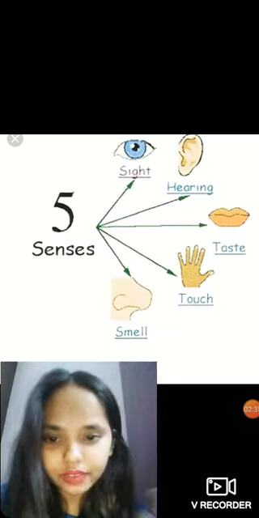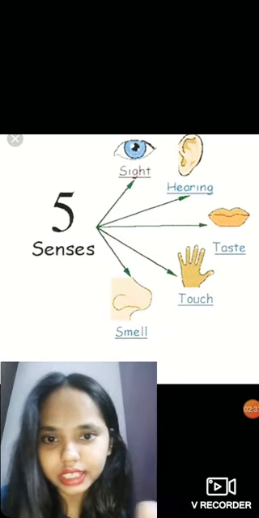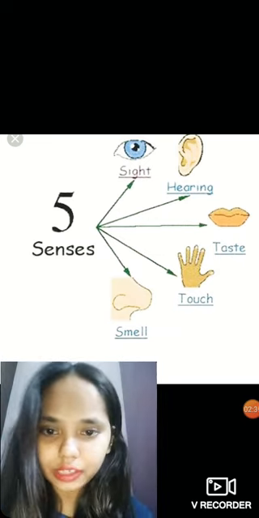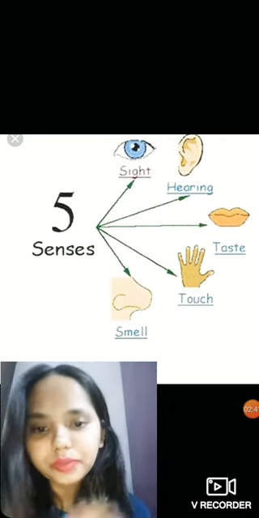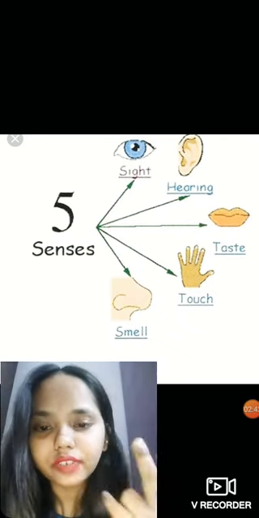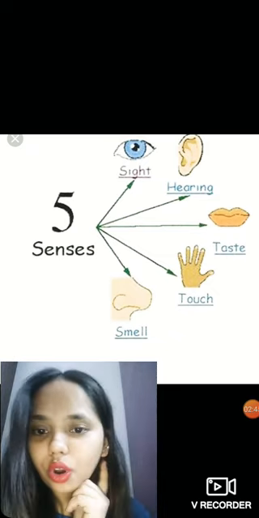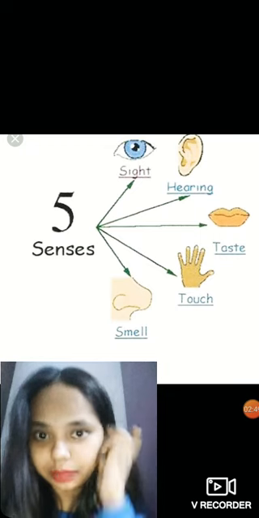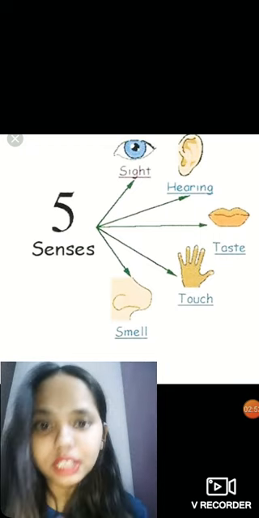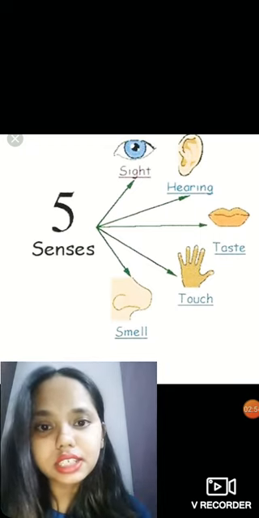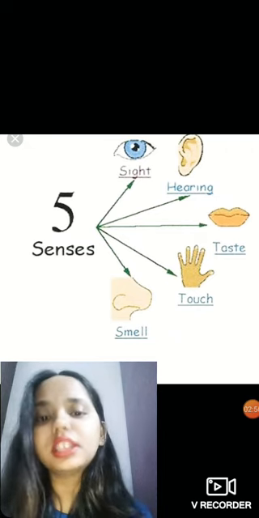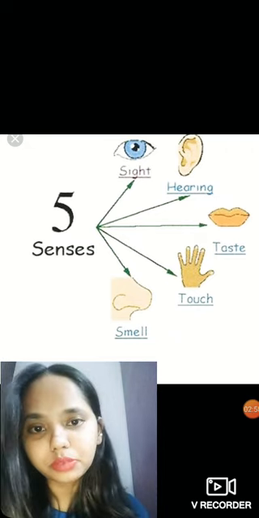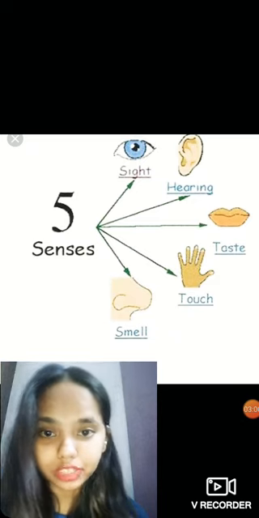These are the five senses: sight, hearing, taste, touch and smell. Sight is visual imagery, hearing is auditory imagery, taste is not an imagery that we have right now in a book, but that is also a type of imagery.